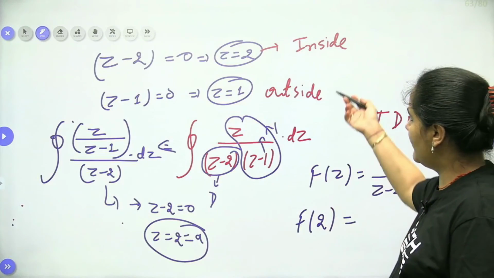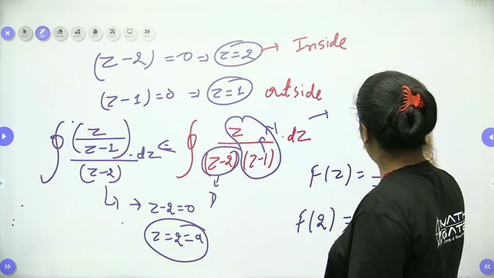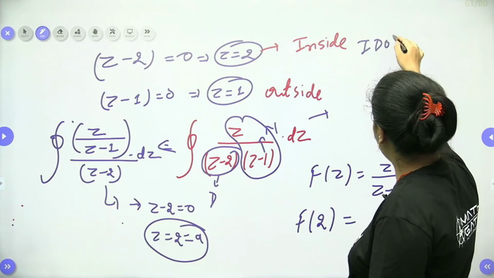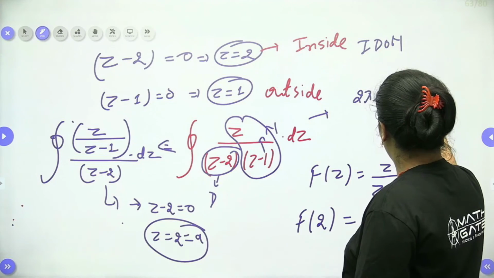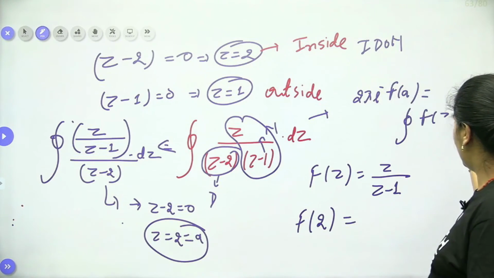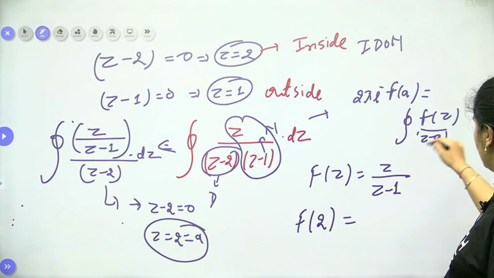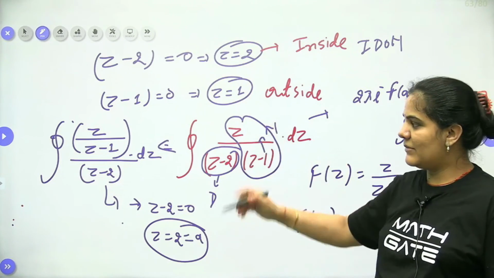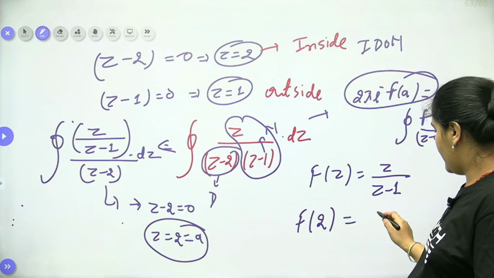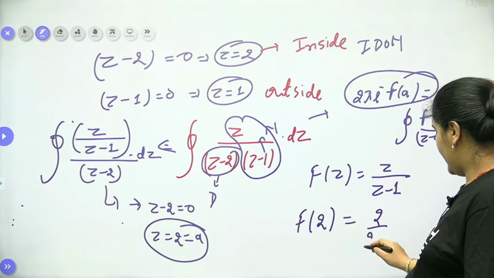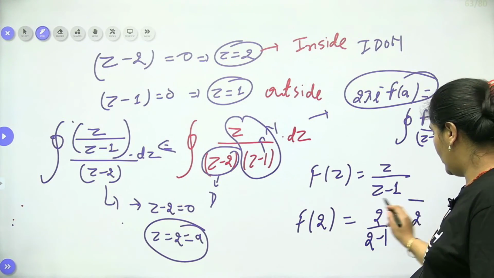Why? Because the formula for this one, we use ID on already. The formula will be 2 pi iota f(a), which is of f(z) by z minus a dz. You can see here, this is f(z) by z minus a dz. The formula will be 2 pi iota f(a). So f(a) will be 2 by 2 minus 1, it will be 2 only.